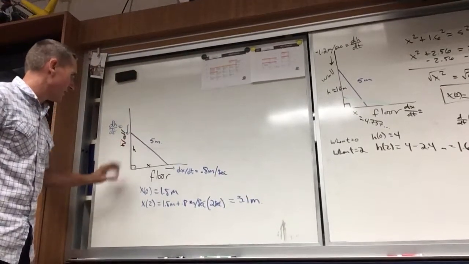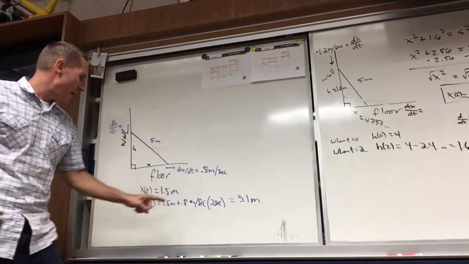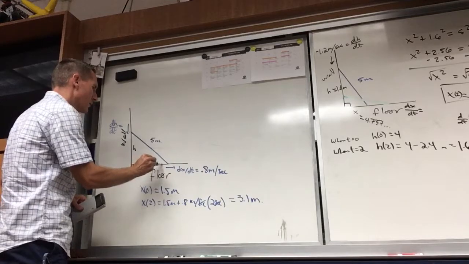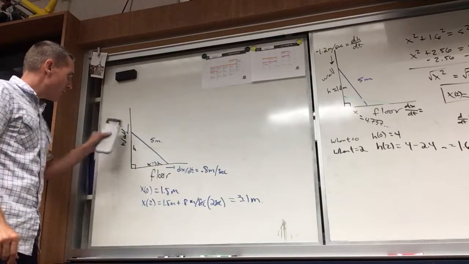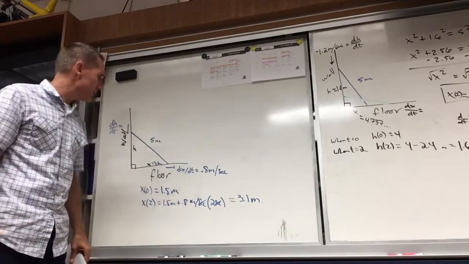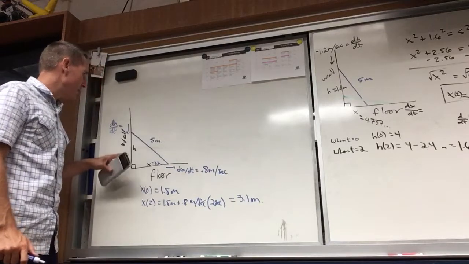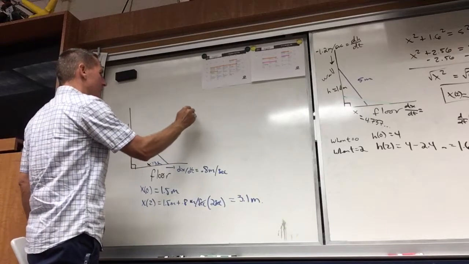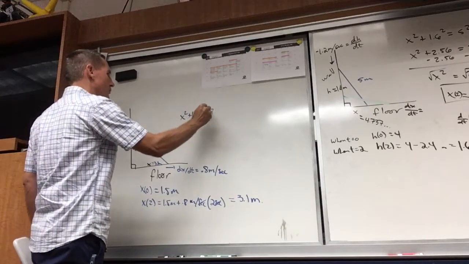because h is decreasing. We've also just found that this x value is 3.1 meters, and we know that the length of the ladder is 5 meters, which is unchanging. So now we need to calculate h. We have x squared plus h squared equals 5 squared.